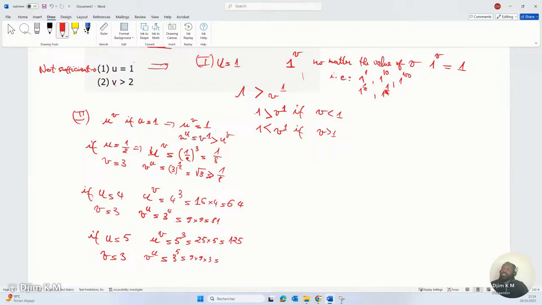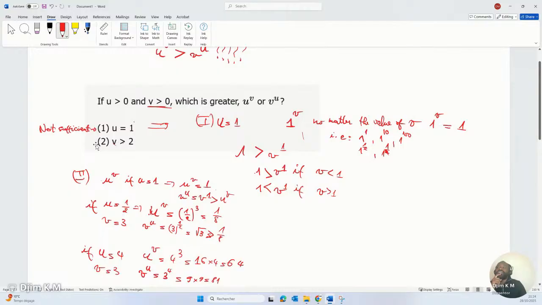Okay, so it will still be greater. It seems like the second condition alone will be sufficient.